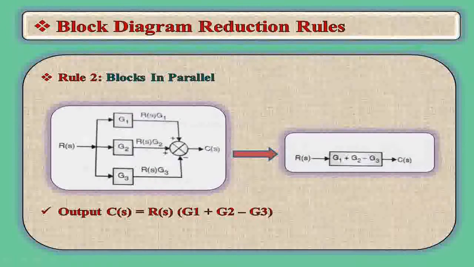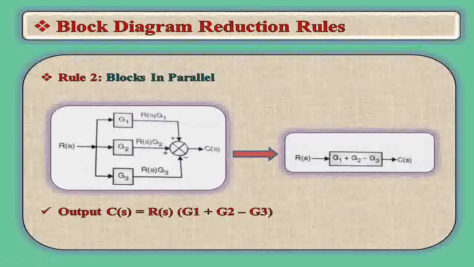Now next is rule number 2, blocks in parallel. Here we can see the basic diagram of transformation. In case the blocks are connected in parallel, the transfer function of the whole system will be the addition of the transfer function of each block.